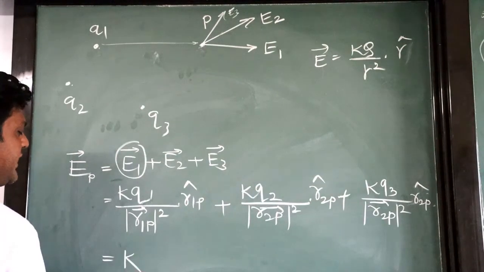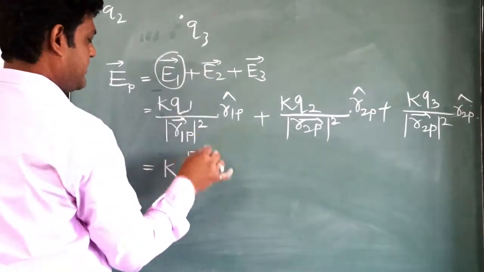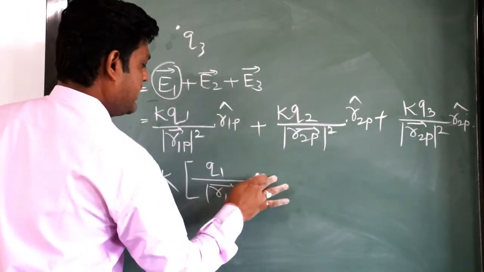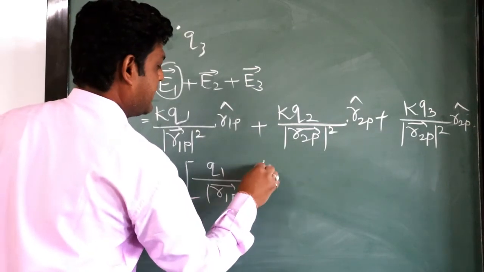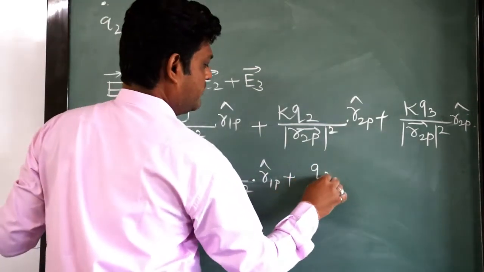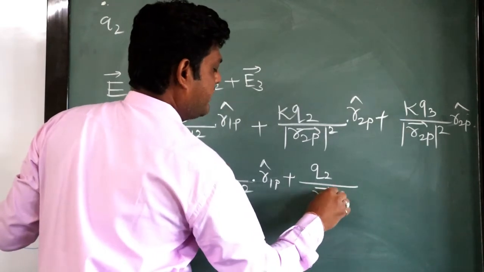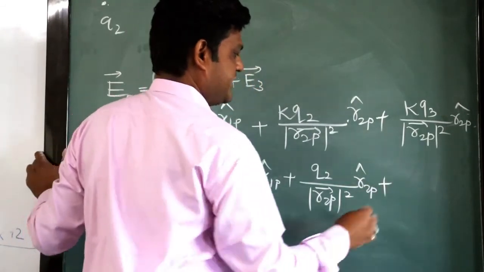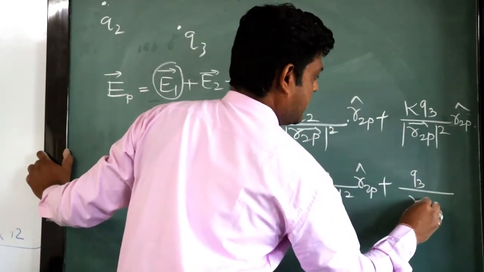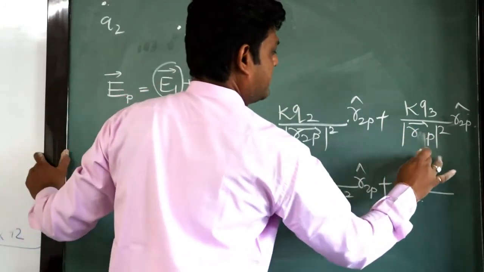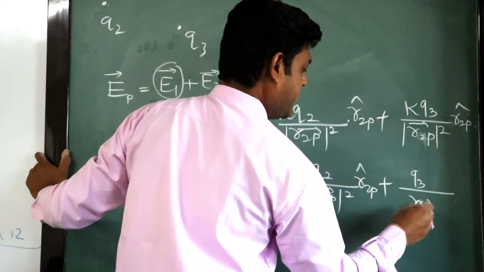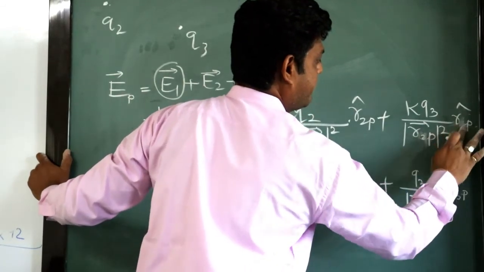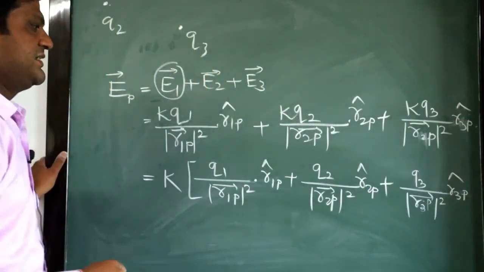See, K will be outside. In the bracket, there is Q1 by mod R1P squared R1P cap, plus Q2 by mod R2P squared R2P cap, next Q3 by mod R3P squared R3P cap.